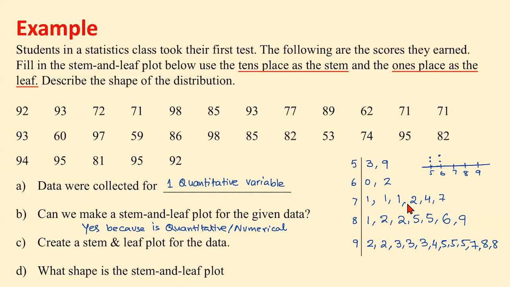I'm just checking the height for each. In 7, we have 1, 2, 3, 4, 5, 6. So if I draw 1, 2, 3, 4, 5, 6, it might be that tall.